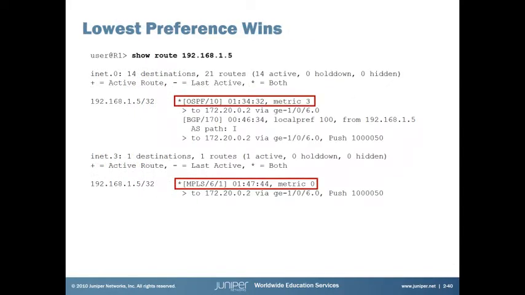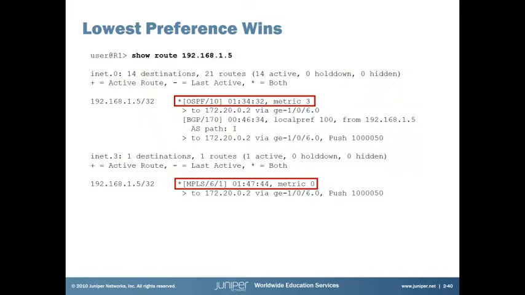We want to go ahead and set up this label switch path and make sure that our traffic is getting routed through it. The reason it will be chosen is that the label switch path has a better metric, so it will become the preferred path.